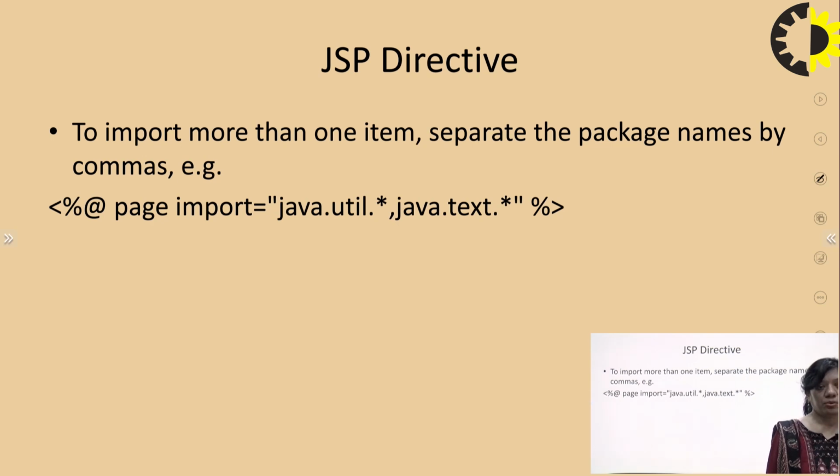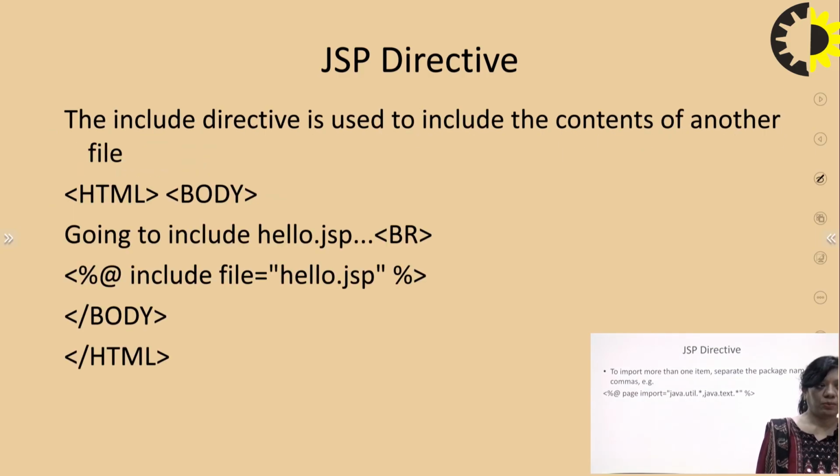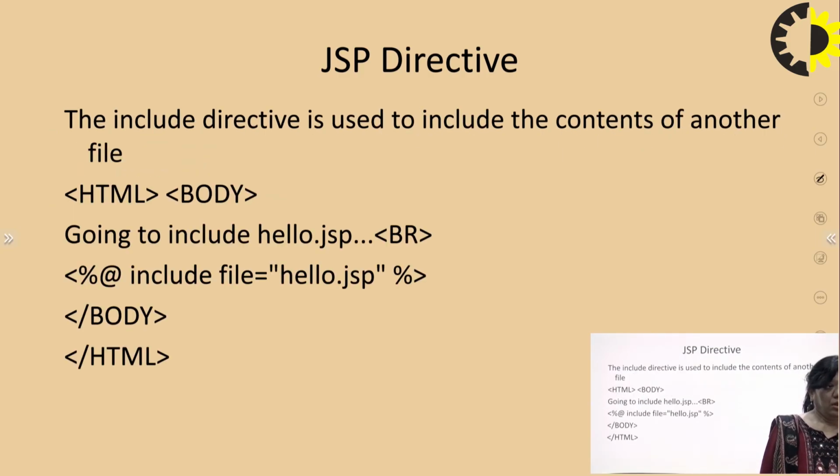Suppose I have to import two packages like java.util, so here you can see I have separated these two packages with the help of a comma. It means we want to import more than one package, so here I have separated the package names with the help of a comma.